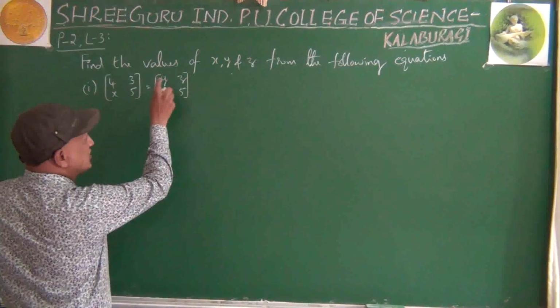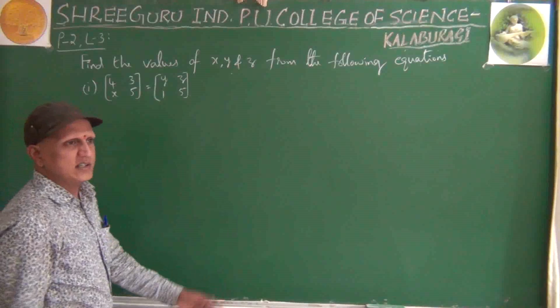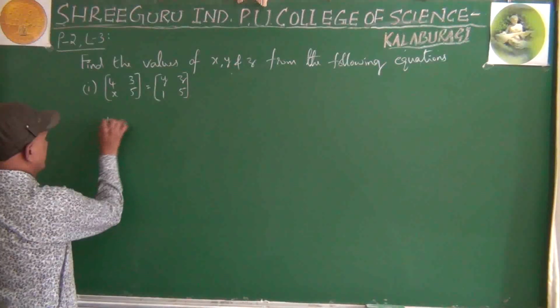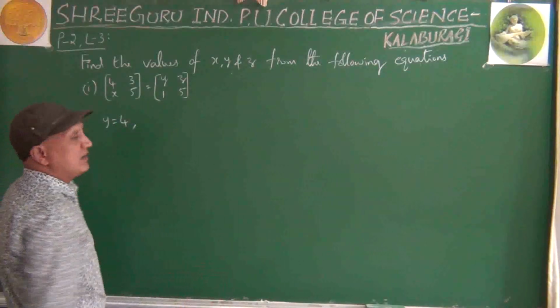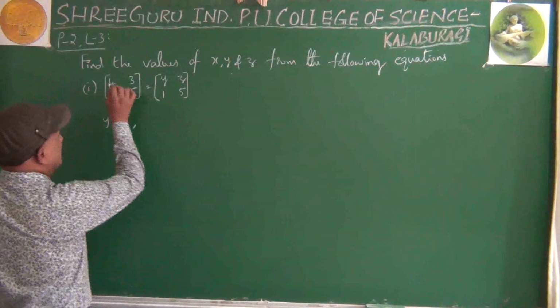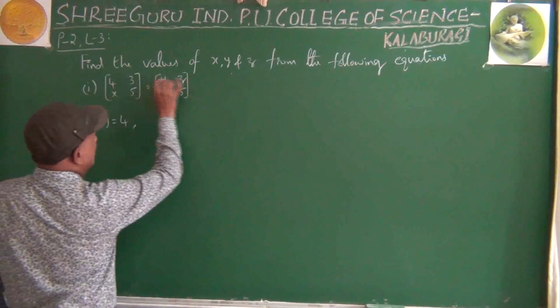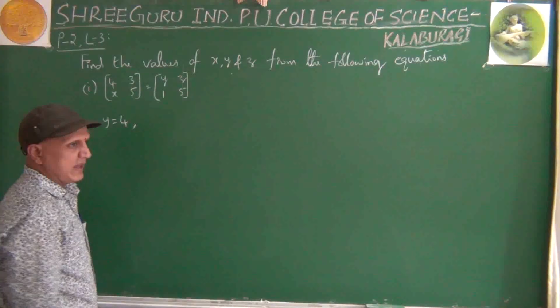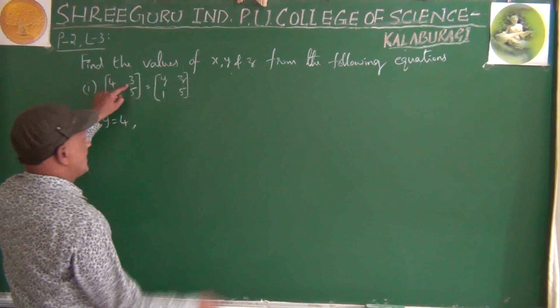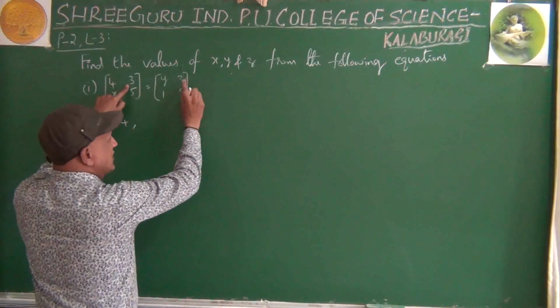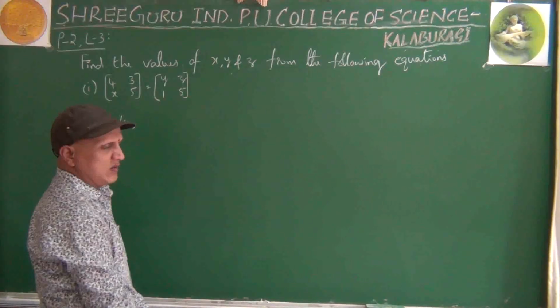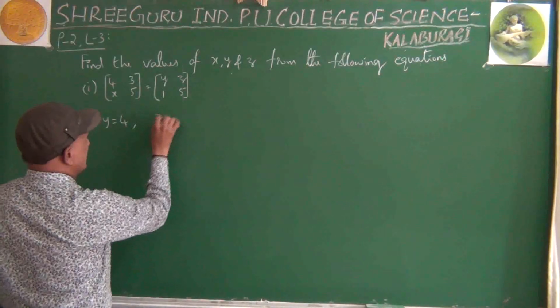4 equals y, which is nothing but y equals 4. Next, equating corresponding elements, first row, second column: the A12 value is 3 in this matrix, and in this matrix the A12 value is z. 3 equals z is nothing but z equals 3.